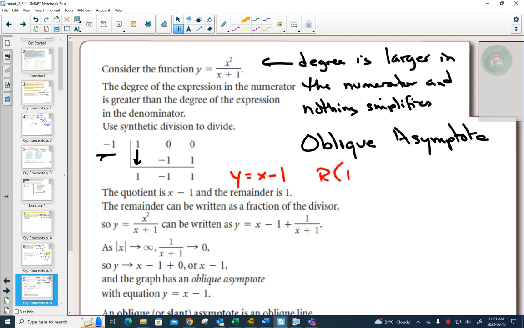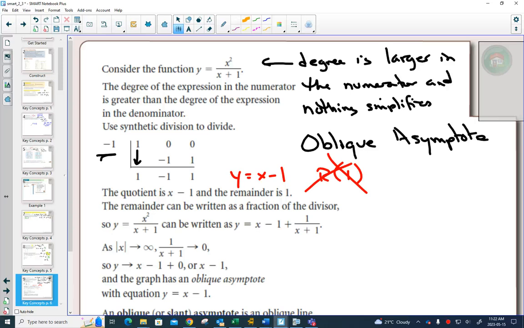It has a remainder of 1. Who cares? Could be a remainder of 1 billion. I don't care how much the remainder is. My oblique asymptote is just what I get after I do synthetic division. Again, the textbook is worried about explaining why that happens.